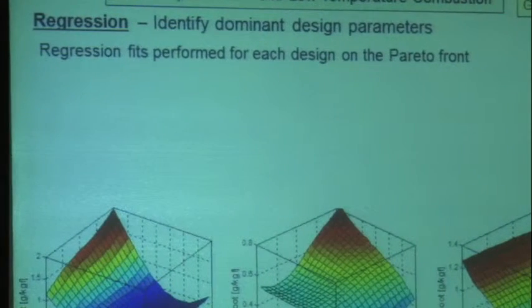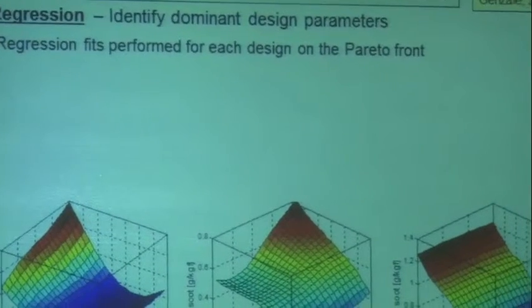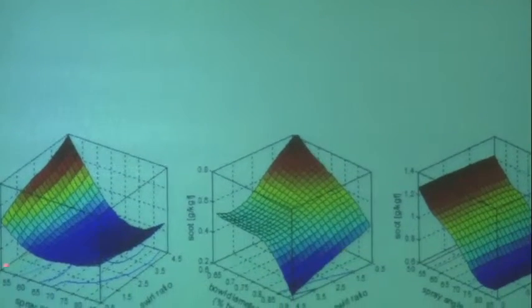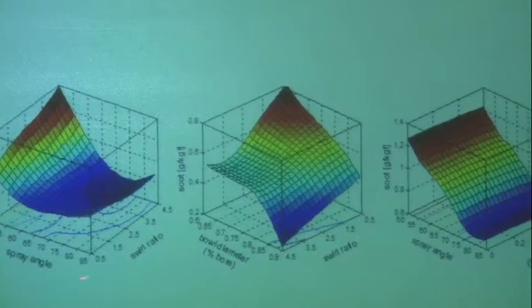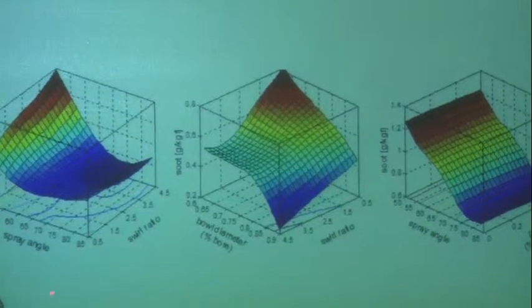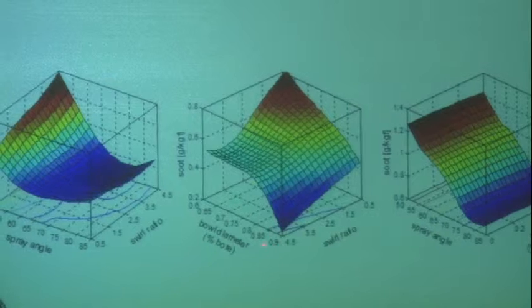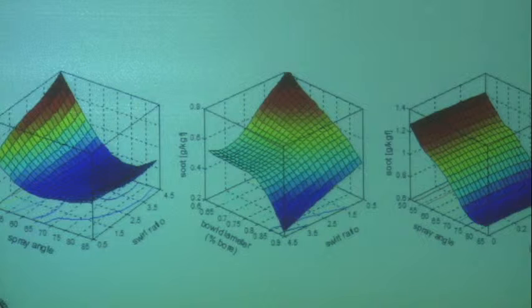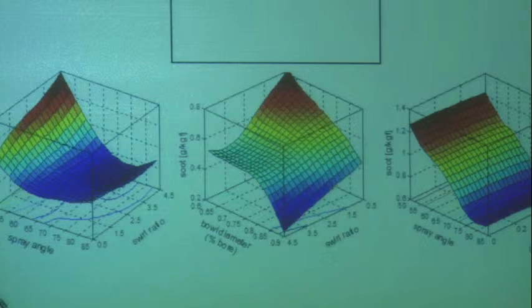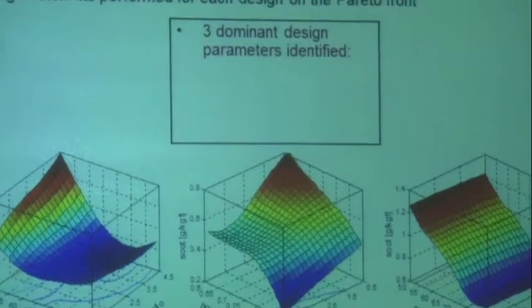Now we take all of the data from all of the runs, and we look at, for instance, the soot. Here we have the soot against the variables that we were changing: the spray angle, the swirl ratio, the bowl diameter, and what was that last one there? The pip height. You can see from this data that there are actually 3 parameters that seem to dominate the soot.